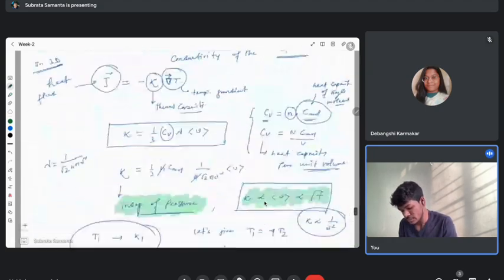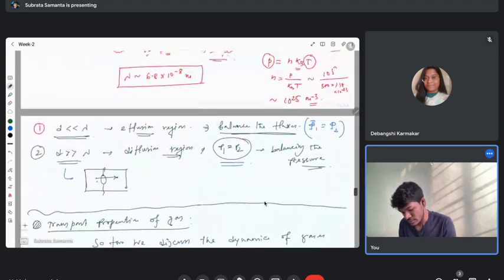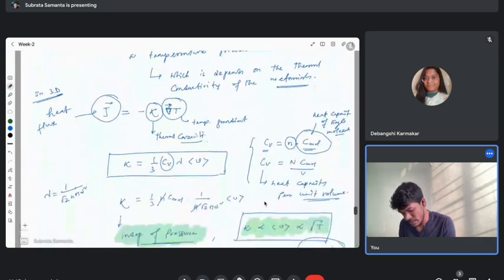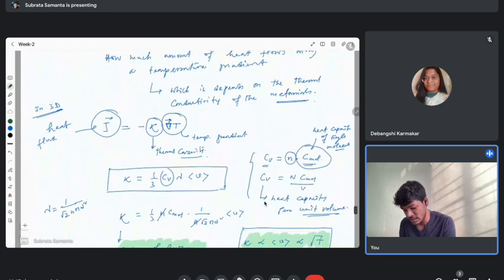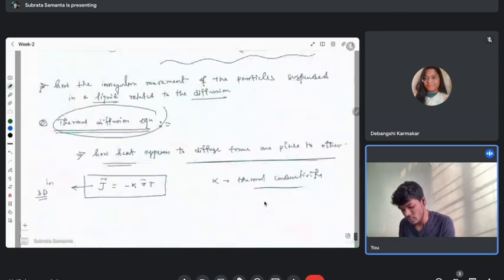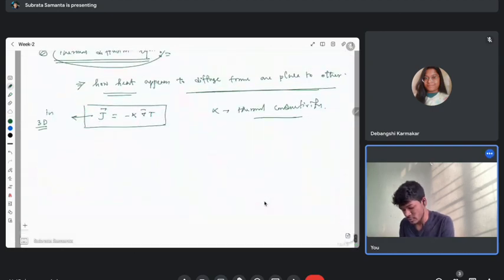Let's go back to the previous case, recall our previous notes. In 3D the heat flux J is related to kappa and grad T, the temperature gradient. About the minus sign: heat flows from the hotter body T1 to the colder body T2, so T1 is greater than T2, but the heat flux goes in the opposite way, against the temperature gradient.